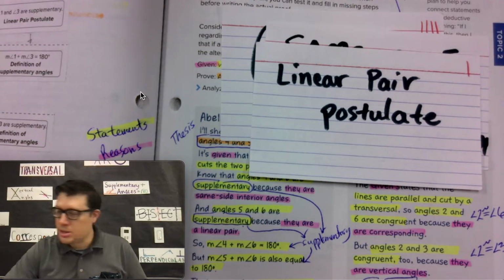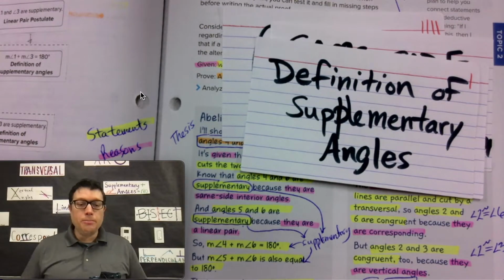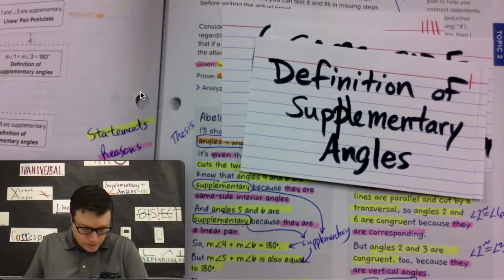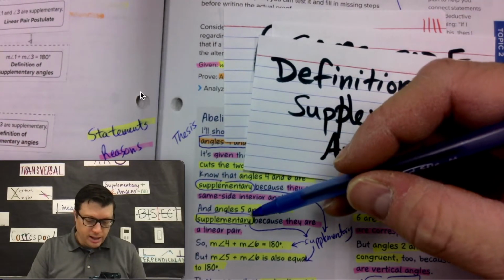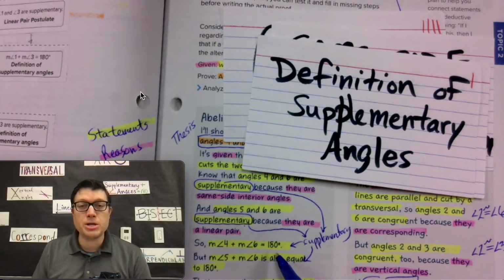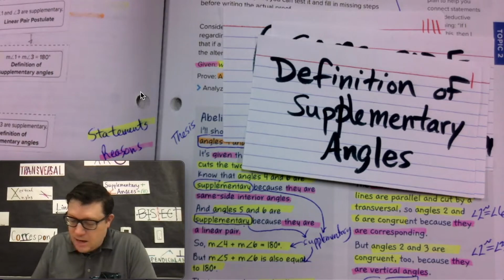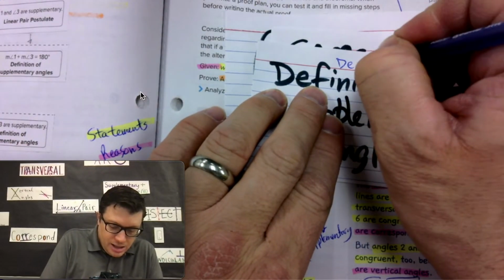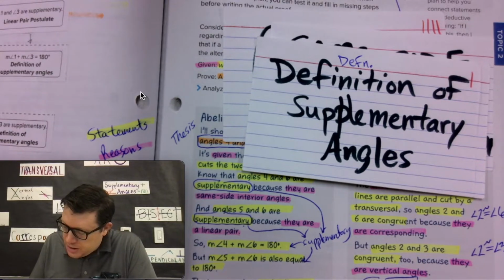She also used the definition of supplementary angles. I see supplementary here, where she brings together supplementary and the fact that supplementary means they add up to 180. So that's another thing that she used. I'm abbreviating definition as DEF with an apostrophe. Okay, definition of supplementary angles.